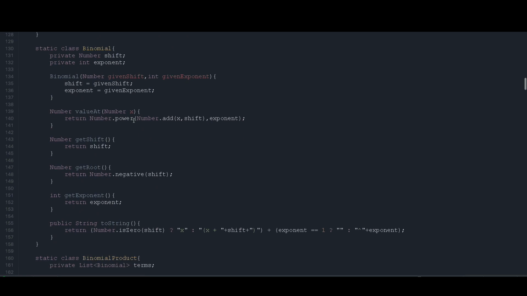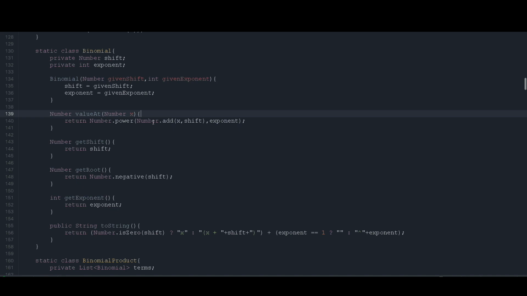The next class is just the binomial. The denominator is made up of a bunch of these. So if you do x plus 1 squared, the shift holds the plus 1. I call that the shift. And then the exponent, which would be the 2 in x plus 1 squared. So that holds the exponent. The exponent is always an integer, so there's no point in using number.